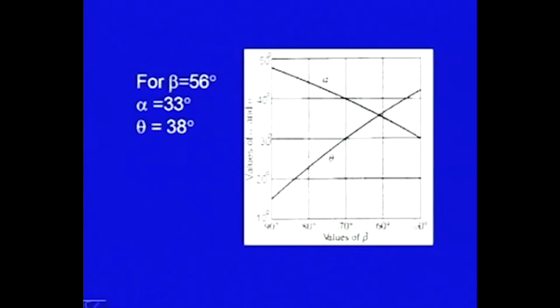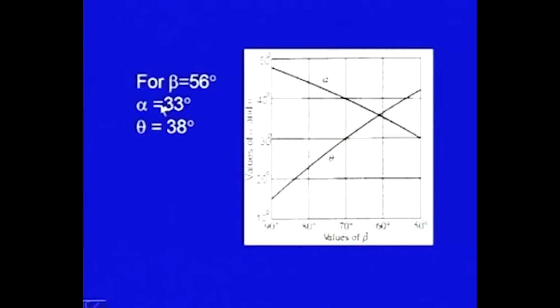For 56, this is 50, here it is 60, so somewhere here the 56 will be there, and corresponding to that the alpha value roughly comes out to be 33, and here this is theta, it comes out roughly about 38.